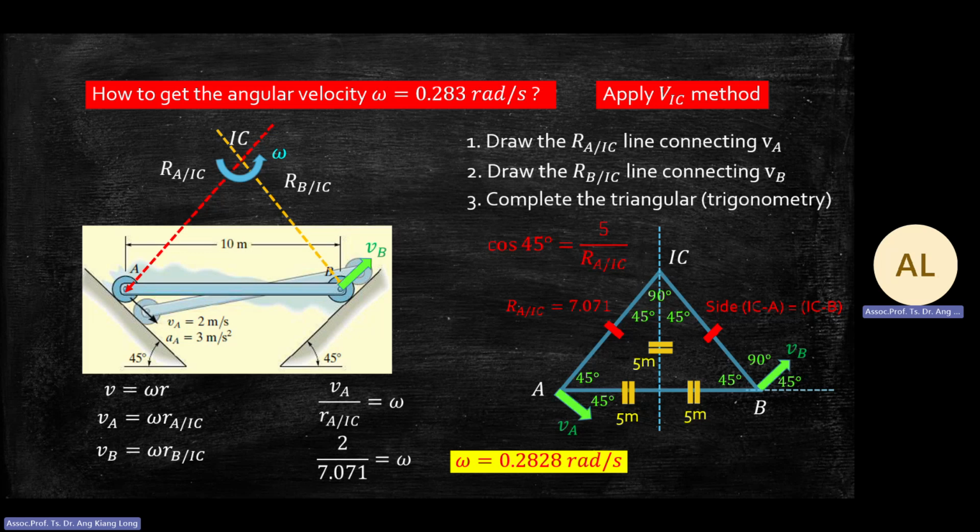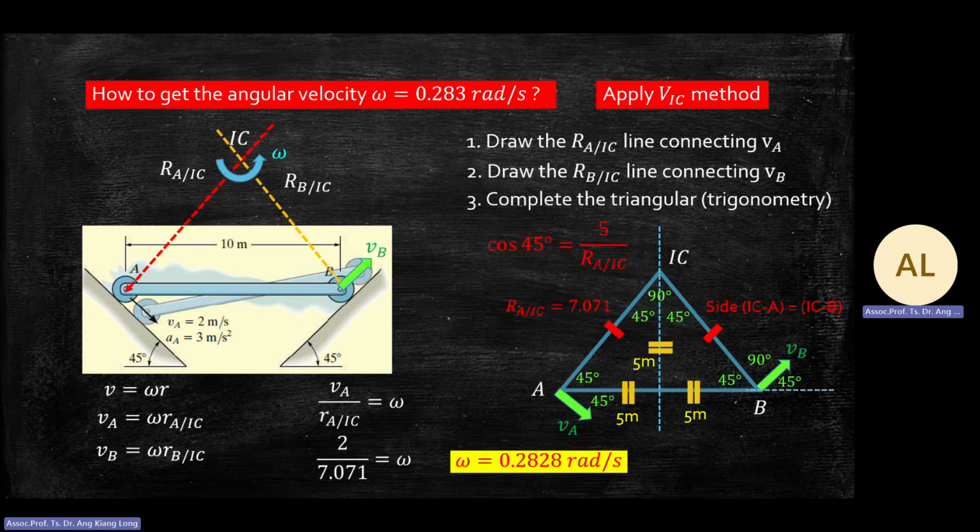Because here to here is 90 degree, here to here is 90 degree, or here to here is 90 degree. Then it will construct a triangle like what you see on the right hand side of my slides.